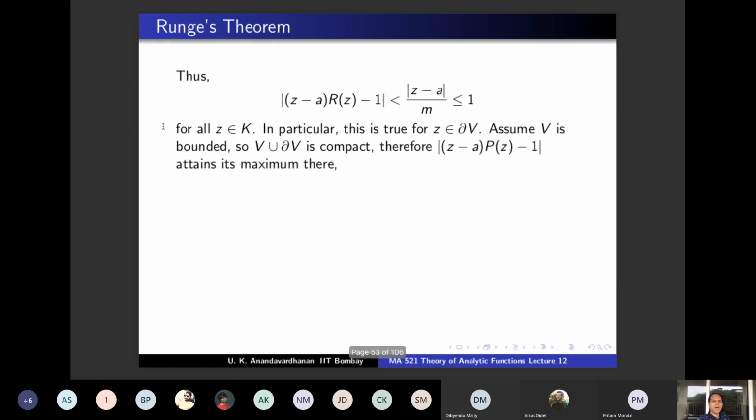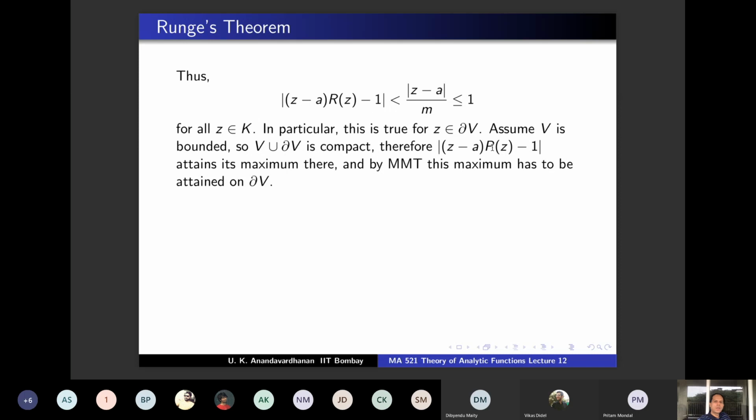Because it is compact, this attains its maximum there, and by MMT this maximum has to be on the boundary. Local maxima cannot be on the open set. So by extreme value theorem, if the maximum is attained, it has to be on the boundary. So what is the conclusion?